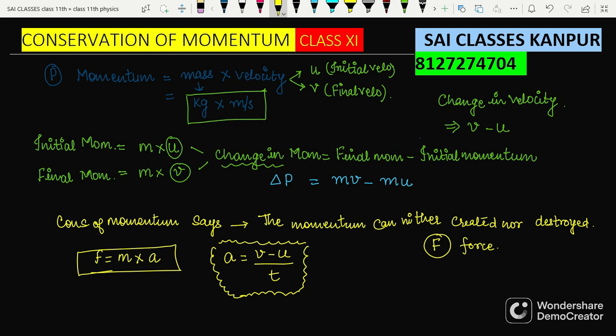So acceleration would be 40, and the unit is kilometer per hour square or meter per second square. Putting this value of a in this, when multiplied by m, you would get the final force. So here comes the story.